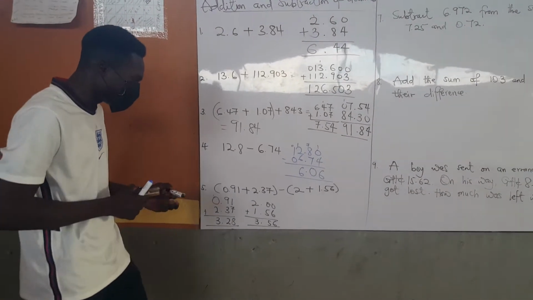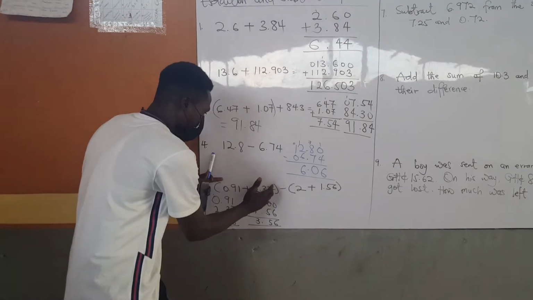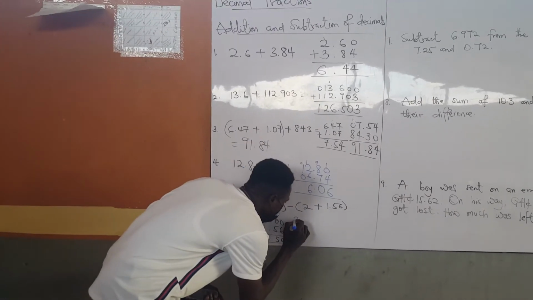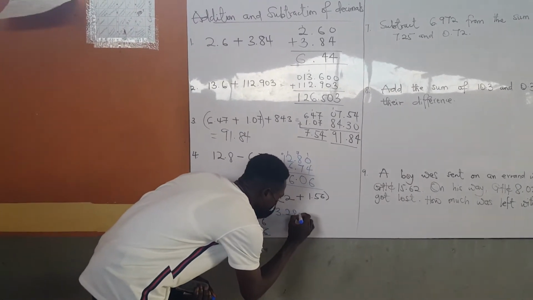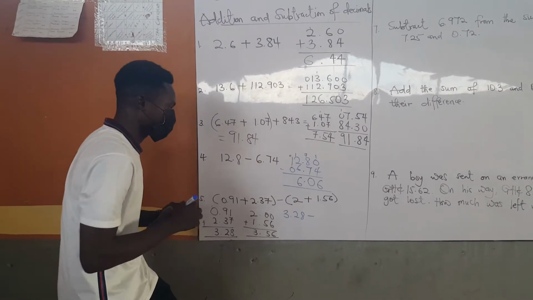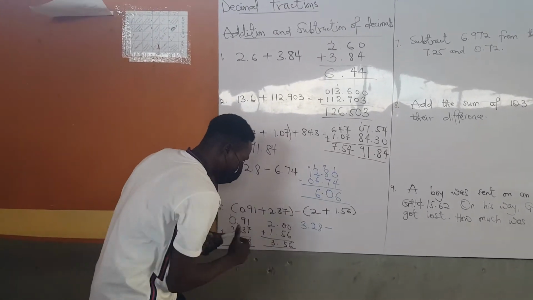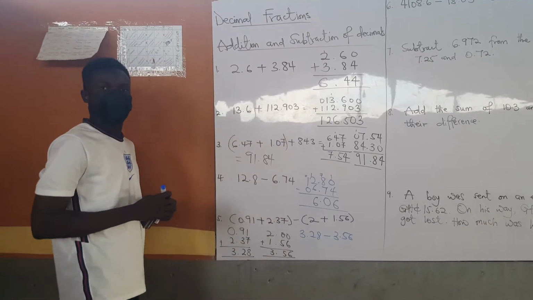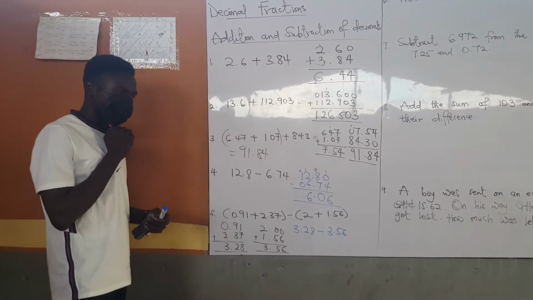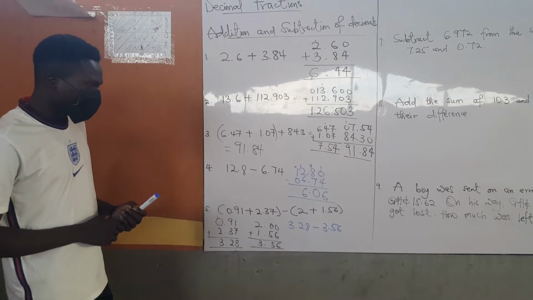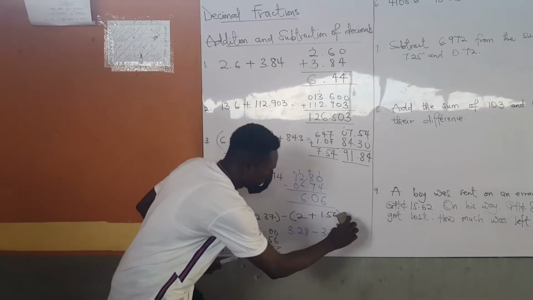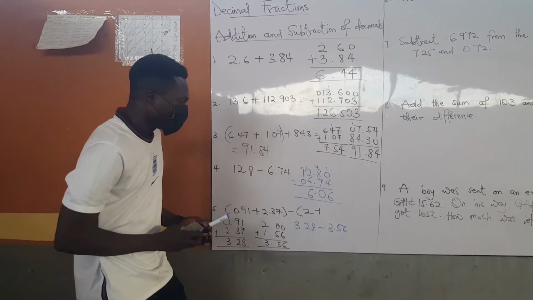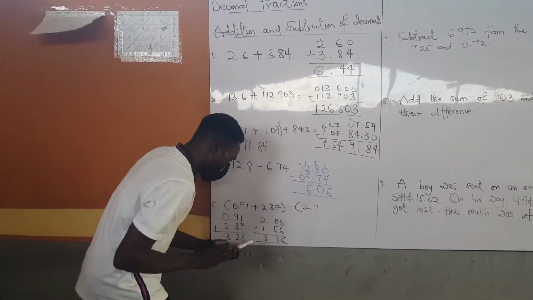Now, writing for this, I'm going to get 3.28 minus this bracket, which is 3.56. We have to do the subtraction for this.